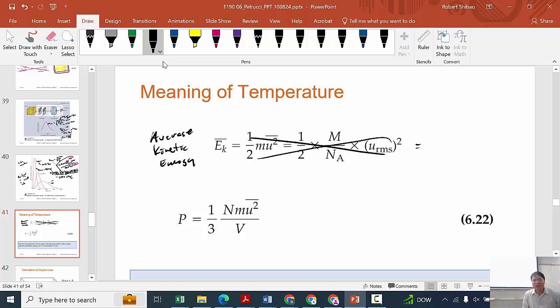We're just going to call this 1/2 m U RMS squared, where m is the mass of a single particle, the mass of the gas particle. I'm calling it a particle because it could be an atom or a molecule, so I'm not going to call it a mass of a gas molecule. And U RMS is the root mean square speed, and we have to square that. And this gives us our average kinetic energy.